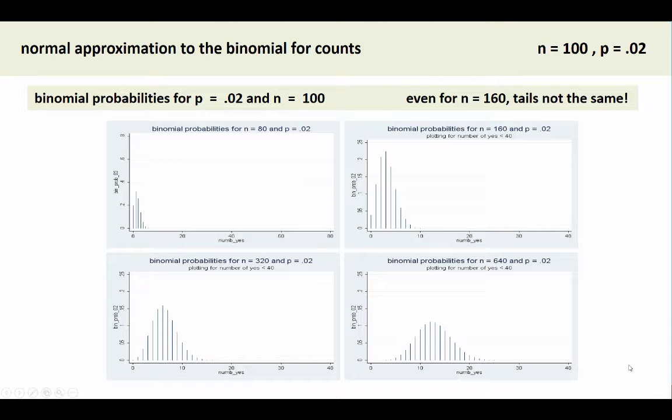So this is what I mean by saying that the application of a normal approximation for counts depends not only on the sample size, because certainly a sample of size 320 sounds pretty large, but it also depends on whether we're looking at a very rare event.